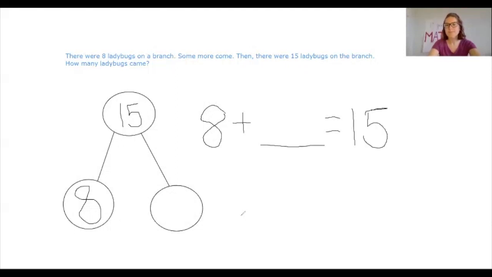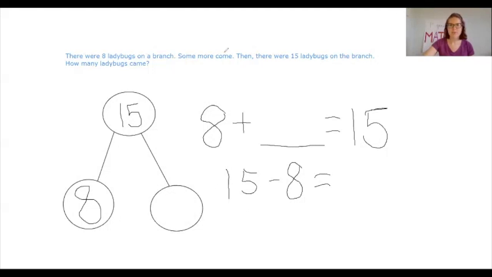Awesome. How could we figure out that missing part? Before we counted on, we could try that again. Could we subtract to figure it out? Let's try. Let's see, if I take the total and I subtract the part that we know, what do I get?